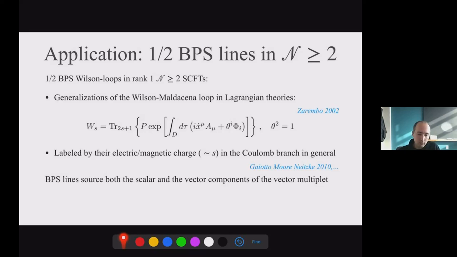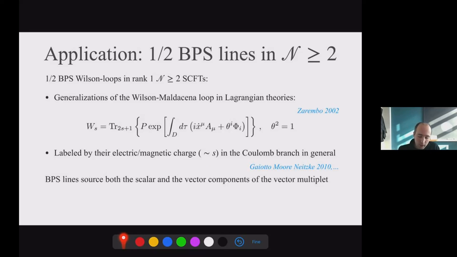Roughly speaking, in class S construction theories, there is a geometric engineering way to build them, but one way to think of this is that you can represent them in the Coulomb branch, and you can label them through their electric, magnetic, or dyonic charges in the Coulomb branch. You can classify which ones exist based on consistency, and then once you have a bunch in the Coulomb branch, you can construct all others by the OPE. It's non-singular for superconformal lines. So there is a large gauge charge limit also for lines in non-Lagrangian theories.